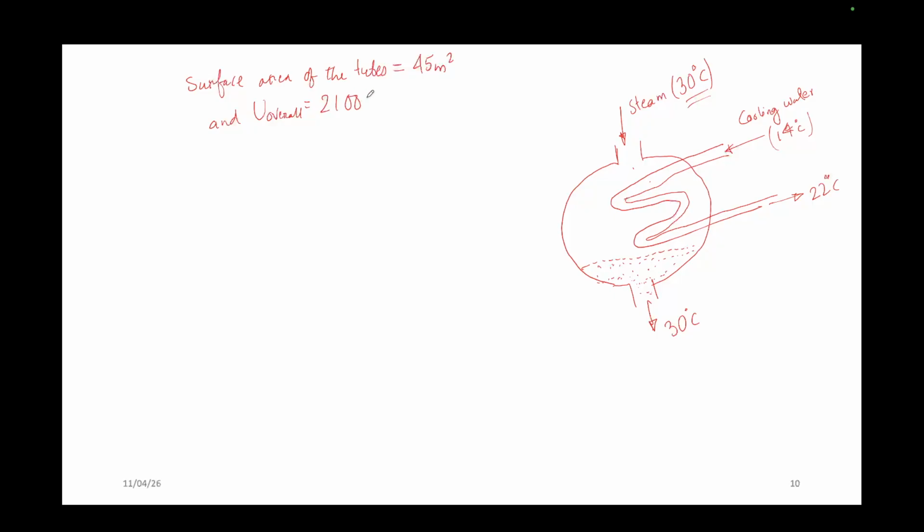The first question is to find the mass flow rate of the cooling water.